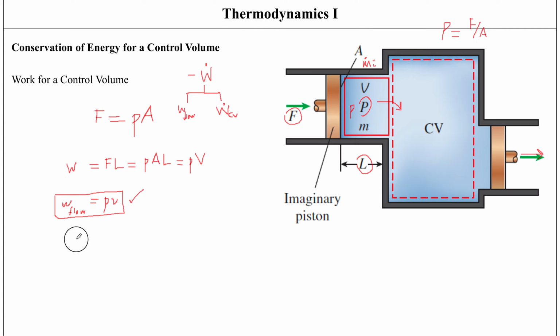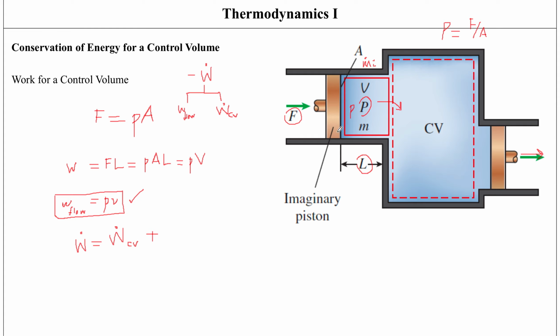So I could write work done is equal to work done across the control volume, plus we would have to have flow work here.